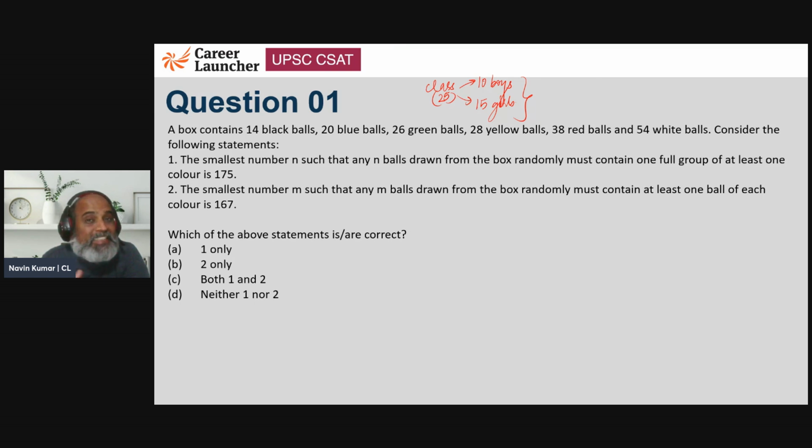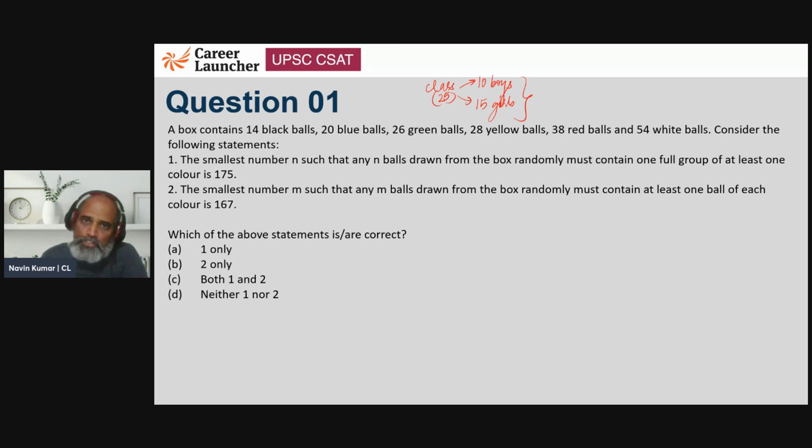But the moment I pick 16 people, I know that there are 15 girls. Let's say all the 15 girls' roll numbers were called out. The 16th one has to be a boy. So we will say that we need to pick 16 students out of this class so that there is at least one boy, right? Similar logic is supposed to be used in this particular problem.